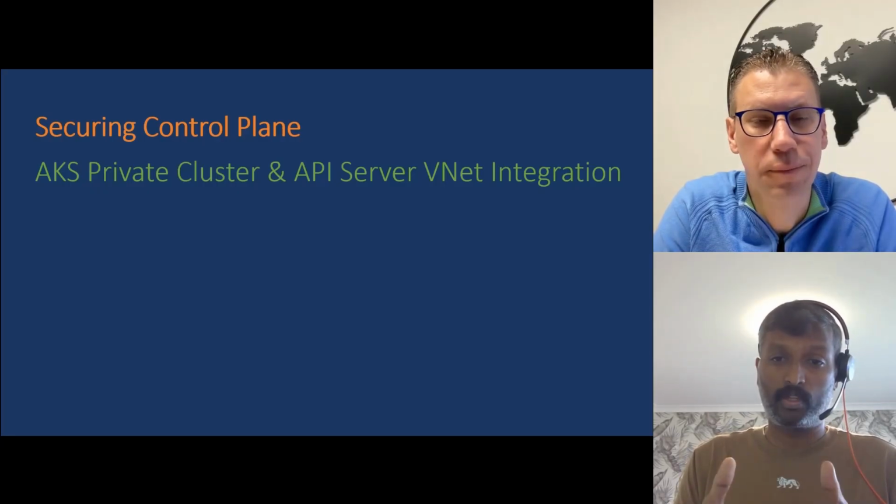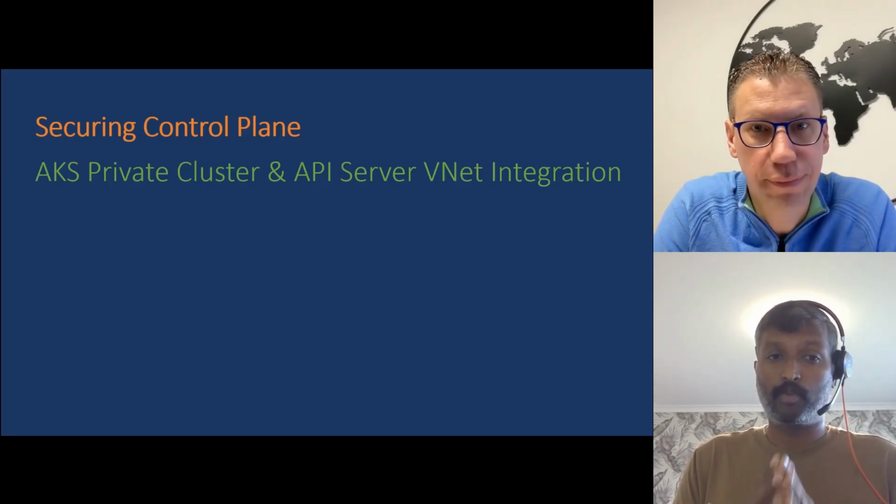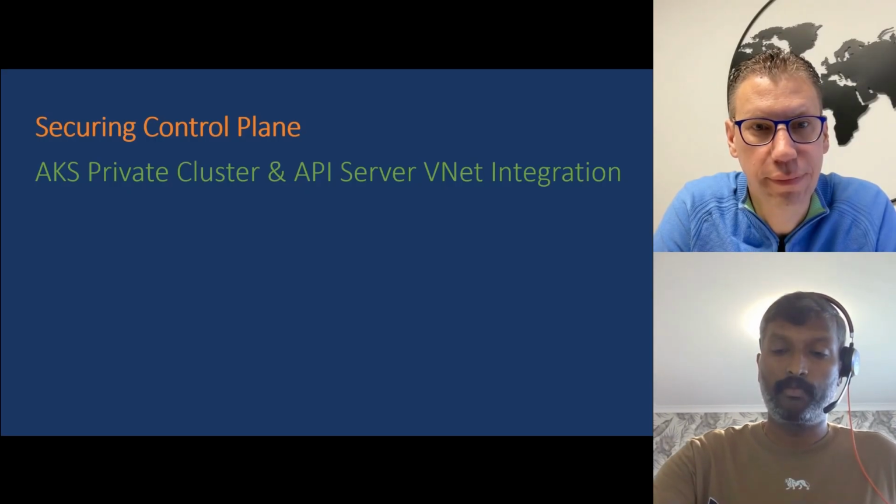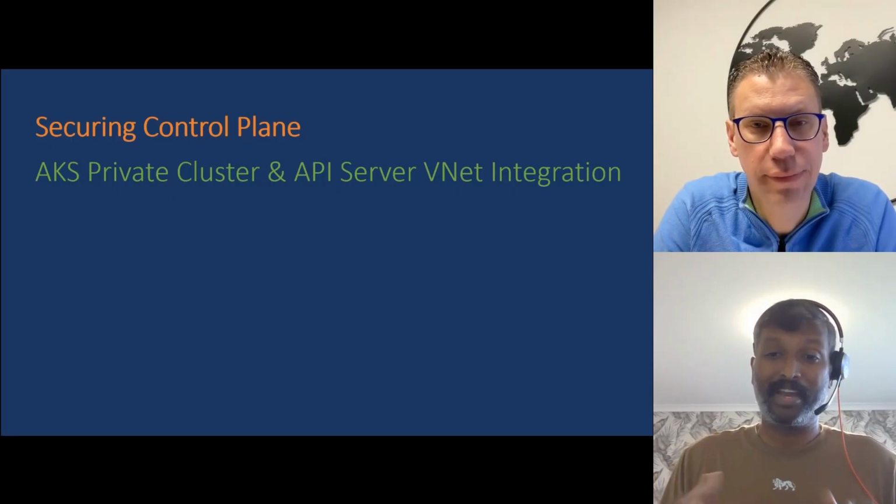And that's where you have two options: AKS private cluster and AKS API server VNet integration. So that when you do this, you don't need to have any public ingress endpoints to lock down your control plane. Requests stay inside your firewalls, and all these controls you do as part of your organization help to keep that secure.